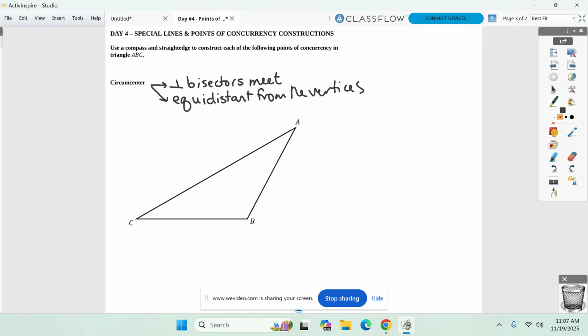So take one of the sides of triangle ABC and please construct your first perpendicular bisector. You don't have to do the same side I'm doing, just do a perpendicular bisector for one of the sides.